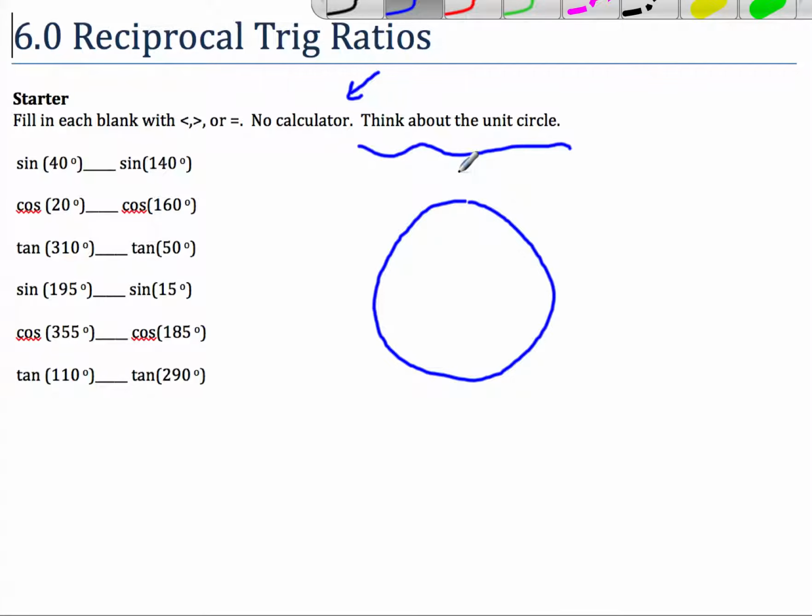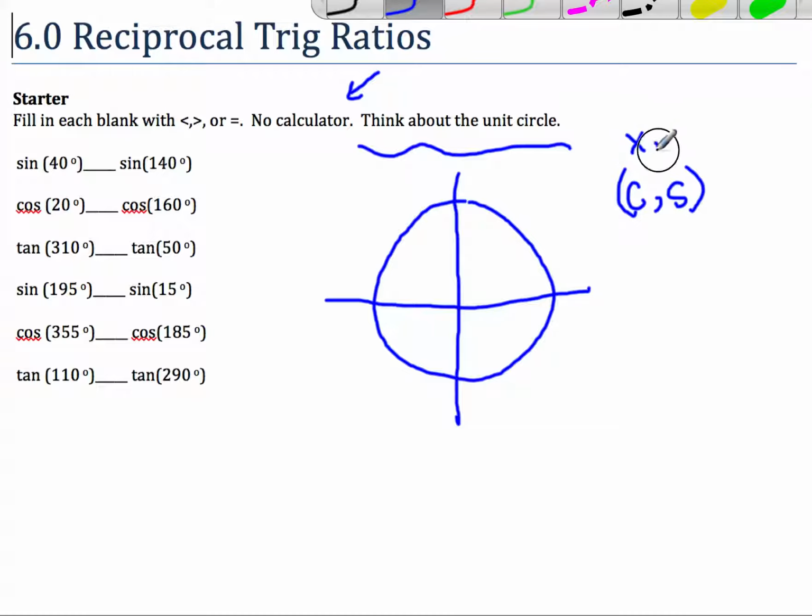So we're looking at the unit circle here. The sine of 40 degrees. Well, remember, it's cosine comma sine for our xy ordered pair. So if we are looking at the sine, we're going to be looking at the height of our value. So 40 degrees is here.